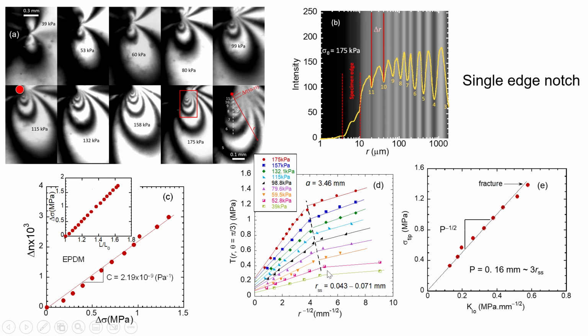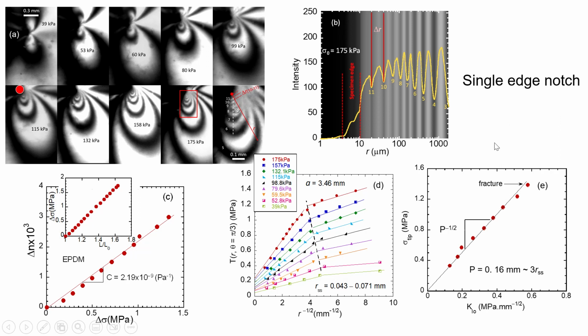Okay, so through the birefringence, you could again claim what is the tip stress versus the load. And again, it's linear, with the slope revealing the characteristic length scale, which is correlated with the existence of the stress saturation.